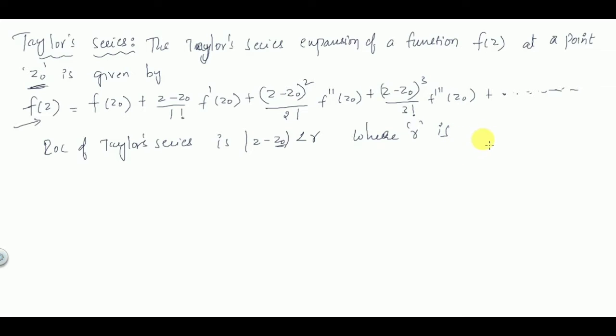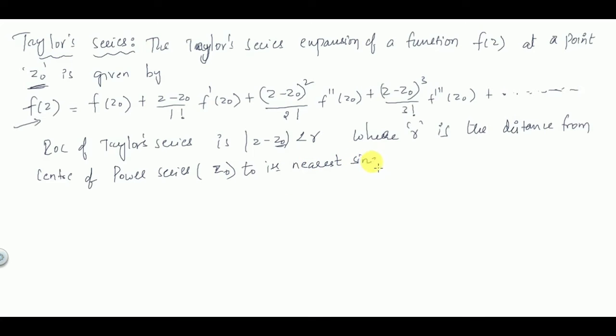Only r we don't know, so that r is the distance from the center of power series, that is z0, to its nearest singular point. So this is the value of r.